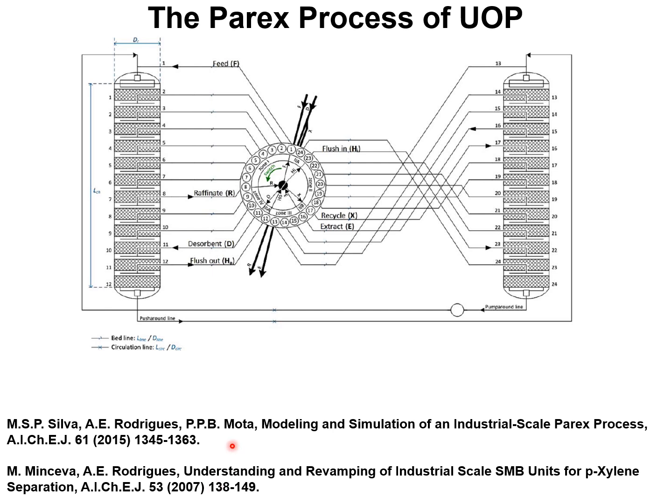Essentially, the commercial Parex process uses 24 adsorbent beds divided into 2 chambers. Each adsorbent chamber has 12 beds, and each bed is connected to a rotary valve that is depicted here.